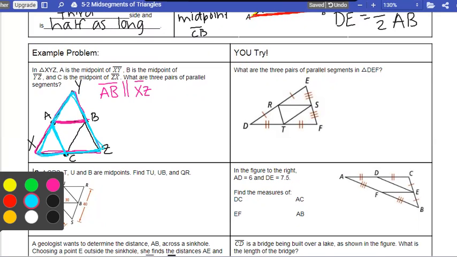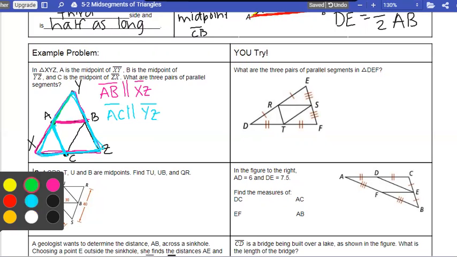Remember, they can't touch, they have to go on and on forever. This one would be segment AC. If you notice, it's that middle segment in our triangle, and whatever other segment it doesn't touch, that third side, it is parallel to. So this one's parallel to YZ. AC is in the middle of our triangle and it is parallel to YZ.